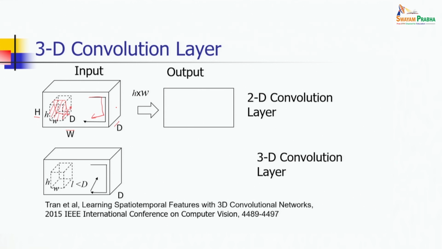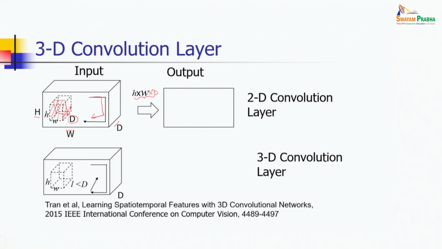That is why, when we specify filter dimensions, we do not specify the depth here, though effectively the filter definition should take care of this three-dimensional arrangement of the filter weights.